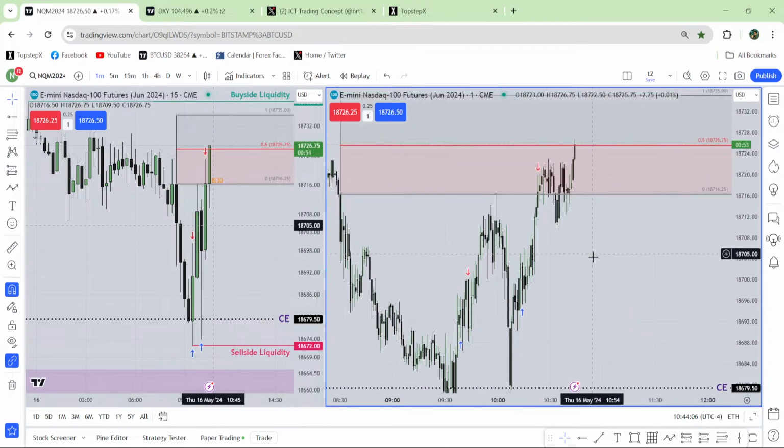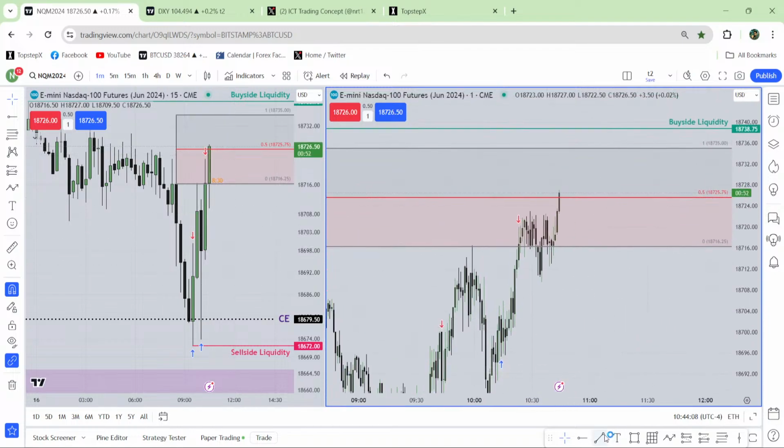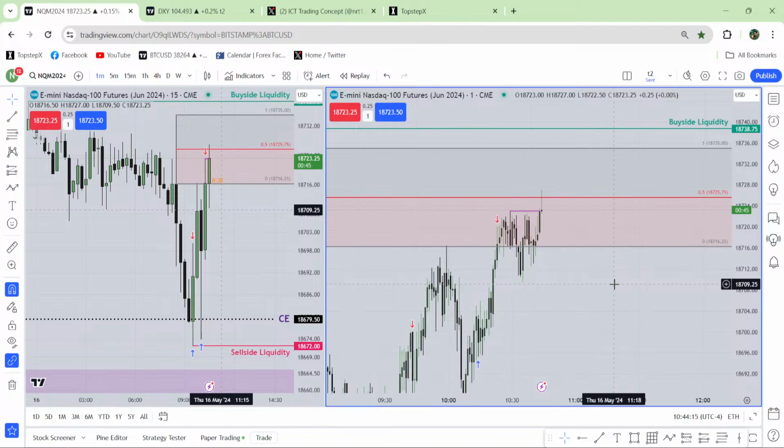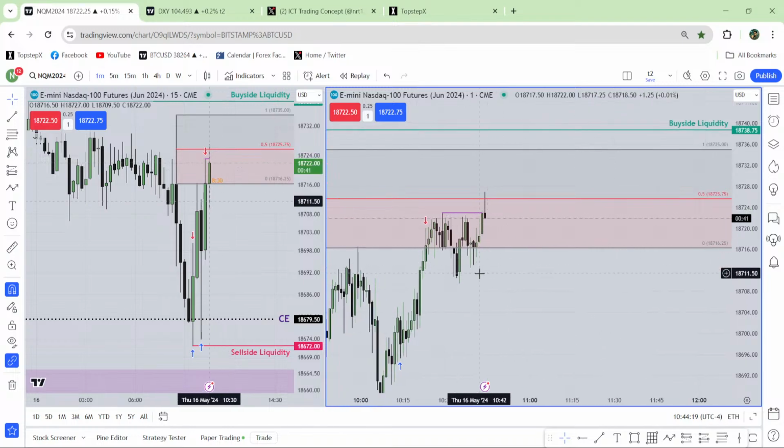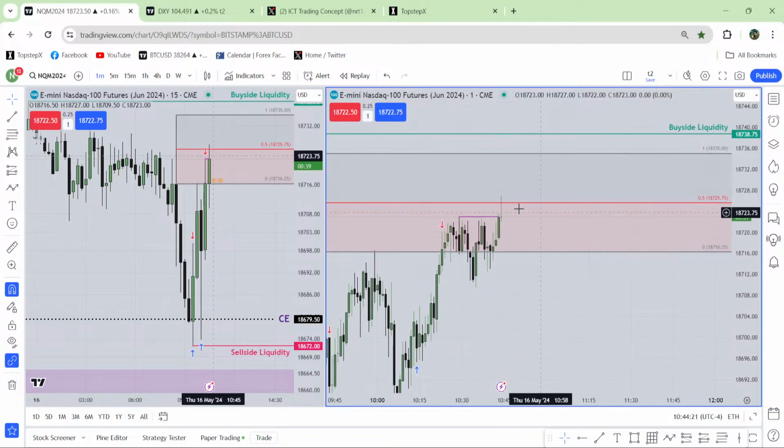So over here I got another setup. I don't know if it will let me in or not, but I'm not going to push my button, that's for sure. There is the market structure shift and no fair value gap. Still there is a possibility to trade.